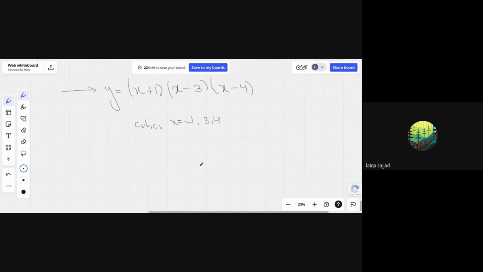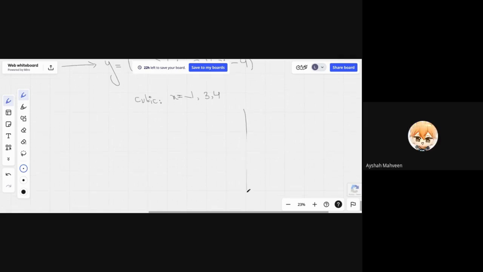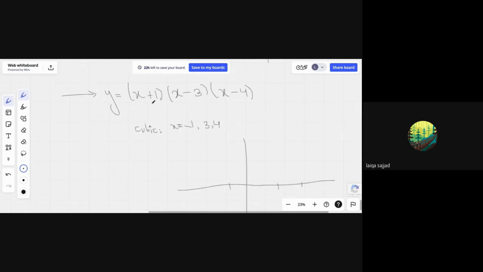Very good. From which end do we need to start drawing the graph? It would be -1, 3, 4. So we start from the top right because the dominant term is x cube.